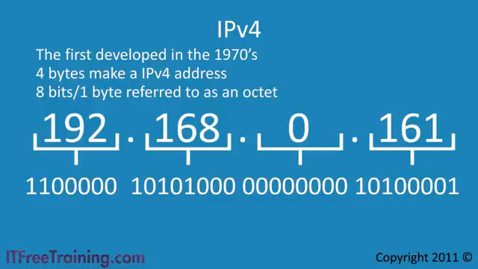Having a 32-bit address may seem like a lot of addresses, but if you consider nowadays just about everything is being connected to the internet, for example, cell phones, vending machines, and tablet PCs, this is a lot of devices that require an IP address.